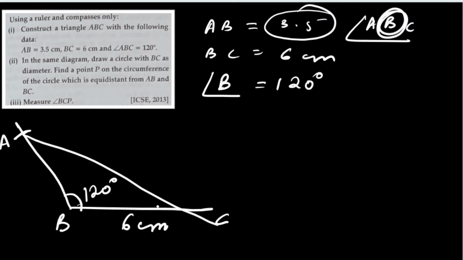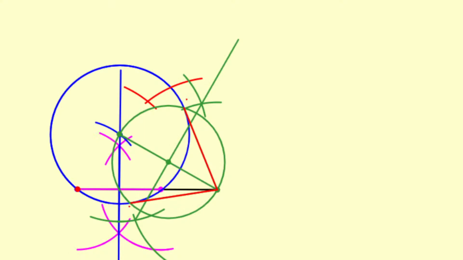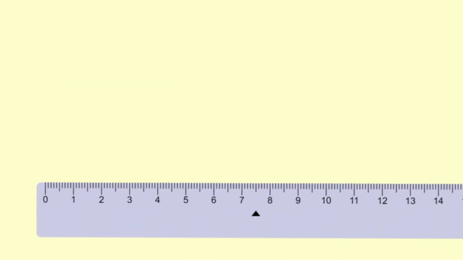So first of all, let's draw the triangle. I hope you can see my construction screen. It's given to us that BC is the baseline, which is 6 centimeter.